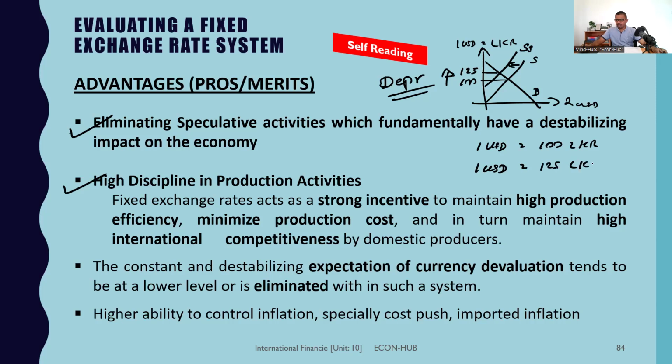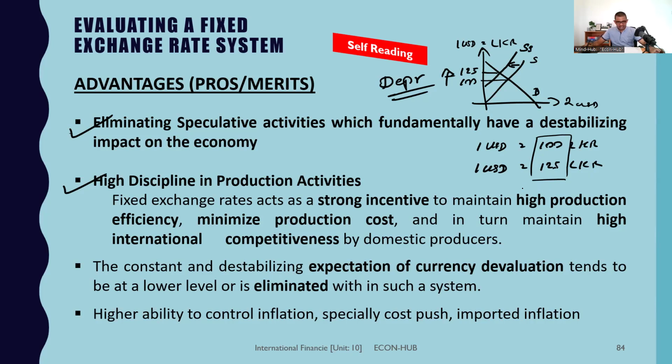So this change will make exporters happy. Even though their inefficiency led to the depreciation, they are protected because they now get more rupees per dollar when they export.